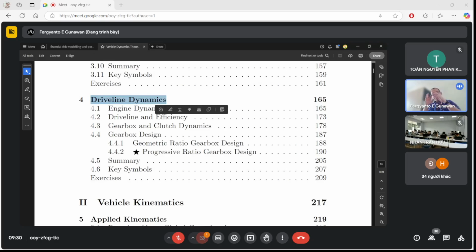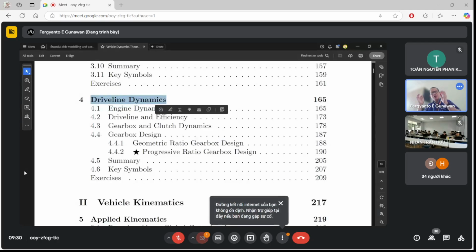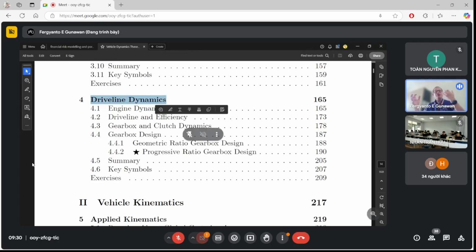The main equations we understand in this driveline dynamics are two equations. One relates the torque of the engine to the force on the wheel, from Te, the torque of the engine, to Fx, the force on the vehicle. The second equation is about the rotation of the engine and the velocity of the car.